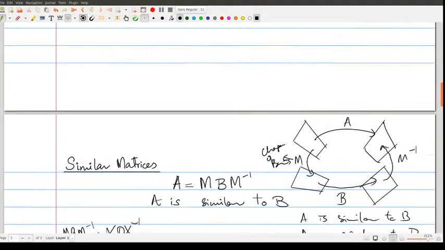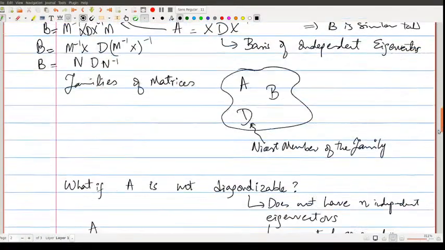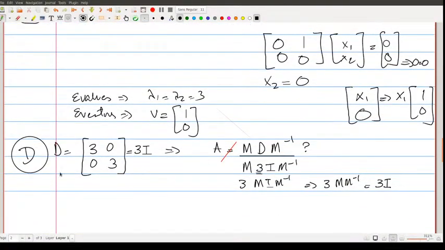Because the idea is if they're doing the same transformation, then whatever eigenvectors you have here should be scaled by the same amount by both of these, right? The only difference is that the basis is different. So D is doing the same thing, but the nice thing about D is that it's doing it in terms of the basis of eigenvectors.